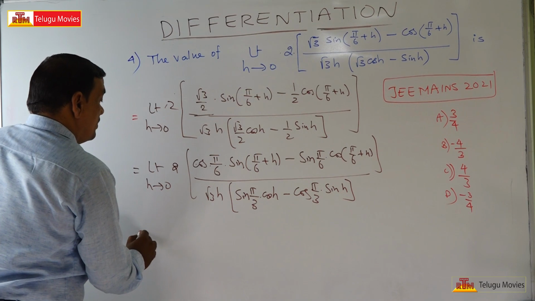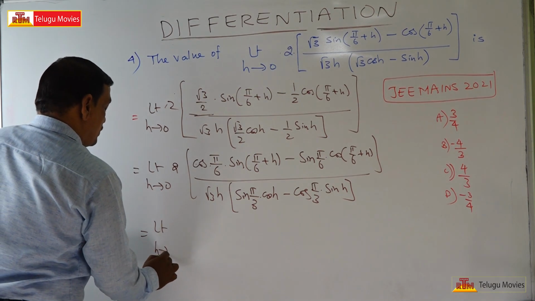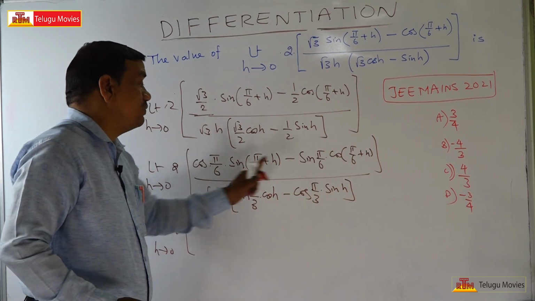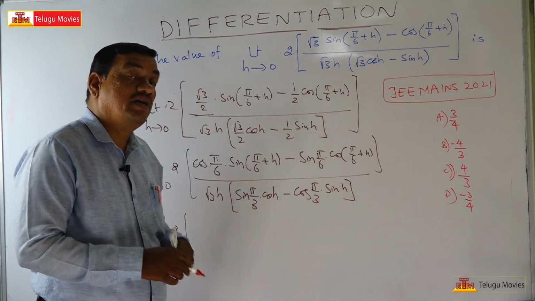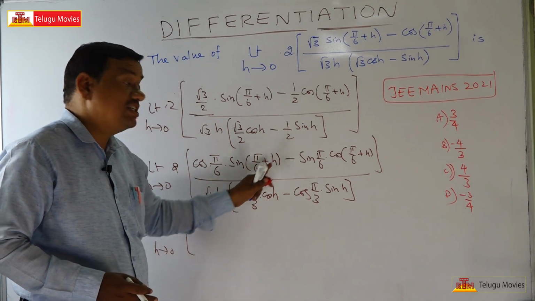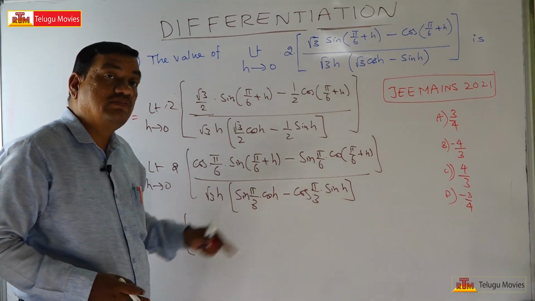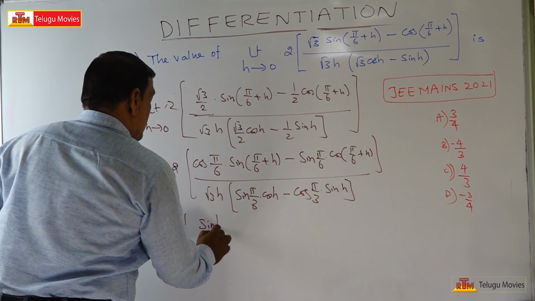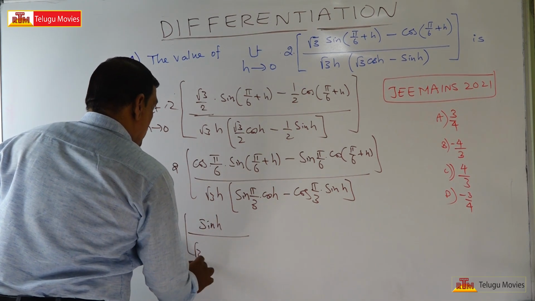Now ultimately your answer is limit h tends to 0, 2 into, so this is equal to sin A cos B minus cos A sin B, sin of A minus B. So pi by 6 plus h, plus pi by 6 minus pi by 6 will get cancelled. In the numerator, you will get sin h by root 3 into h.